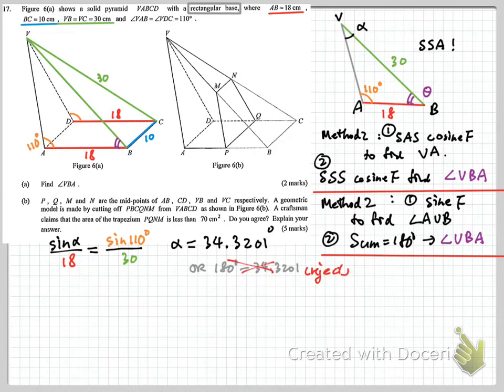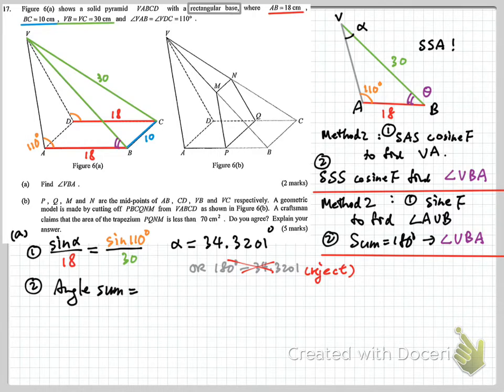So this answer is not accepted. Fortunately, there are two answers, but it goes down to just one because the other will make the angle sum of triangle greater than 180. So alpha must be an acute angle, so alpha is 34.3201. With alpha, we can use angle sum of triangle. This is step 1. In step 2, we can use angle sum of triangle to get the purple angle.